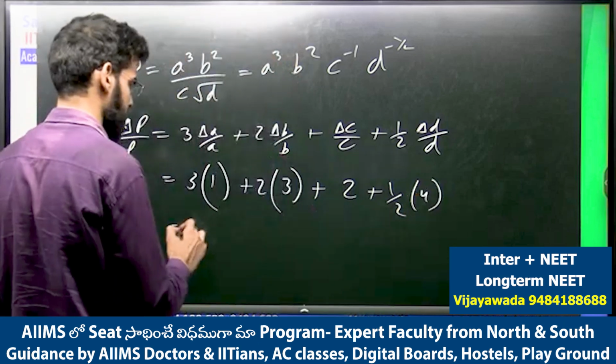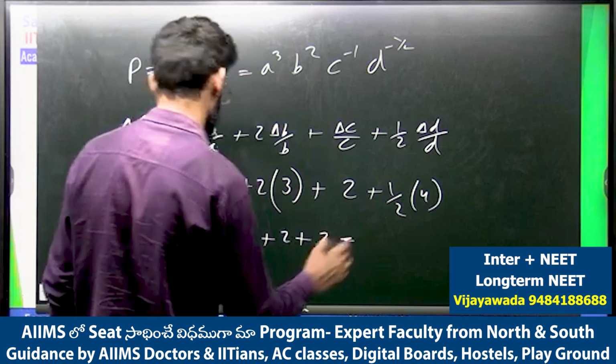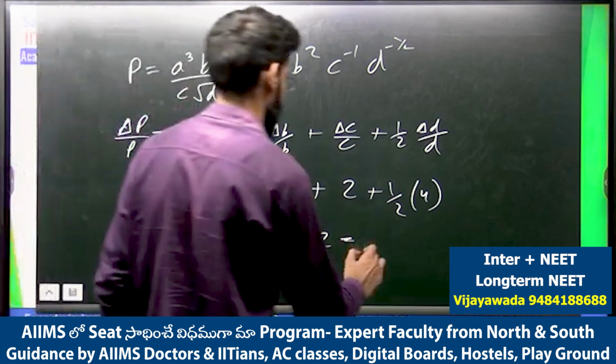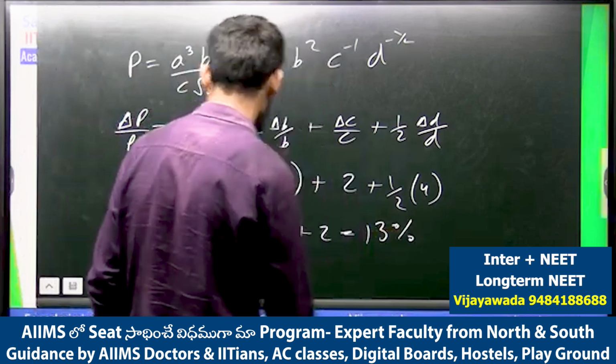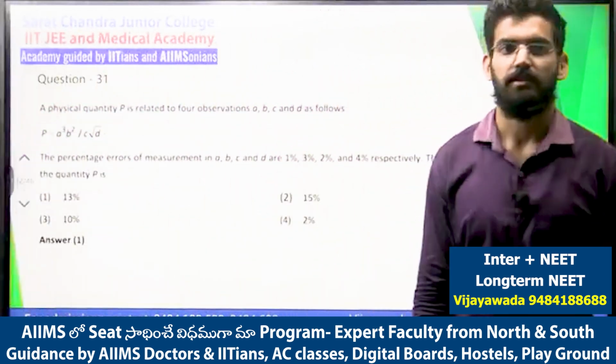This is 3 plus 6 plus 2 plus 2, right? So how much is this? 6, 3 is 9, 9 plus 4 is 13. This is 13%. So total error is 13%, first option. That's how the answer is coming.